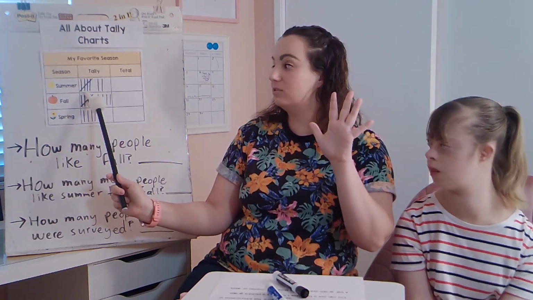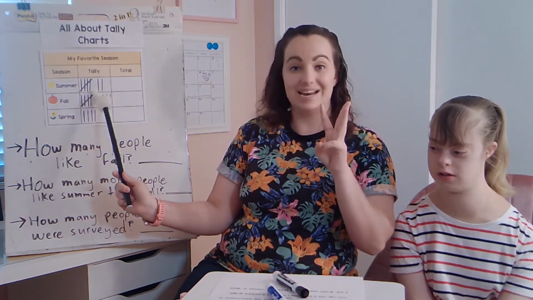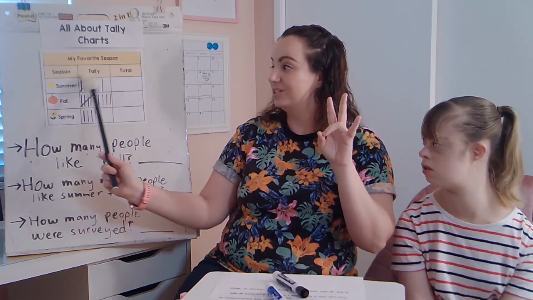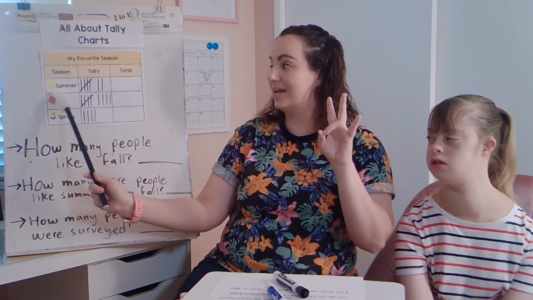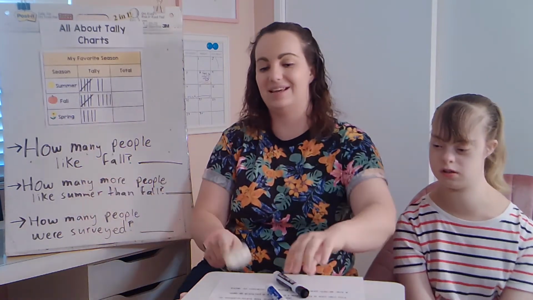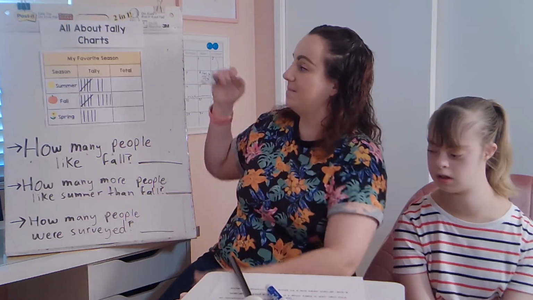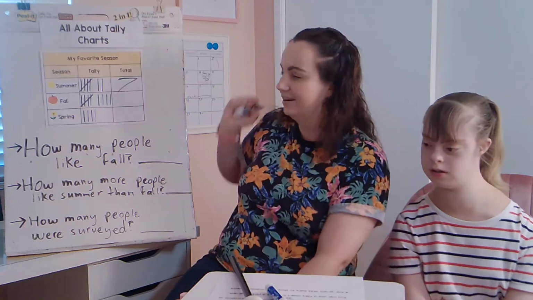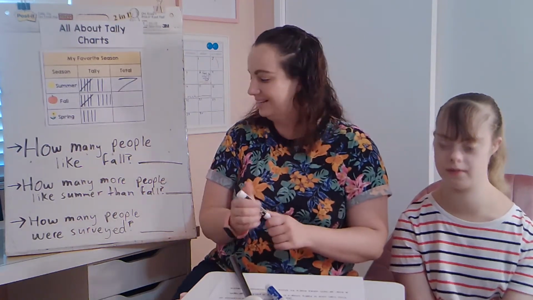Then what comes after 5? 6. Good, Kaylee. Then 7. So how many people said summer was their favorite season? 7. Yes. So we're going to go ahead and write 7 right here. Nice and easy for us to see.